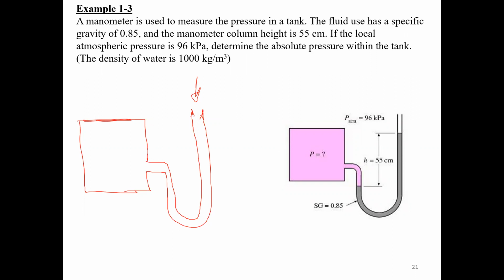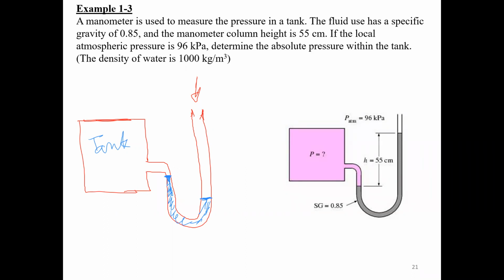If the level of the liquid in the tube is like this, one side close to the tank is high, the other side close to the atmosphere is lower. So what do you think here? Is the pressure of the tank below atmosphere or above atmosphere?